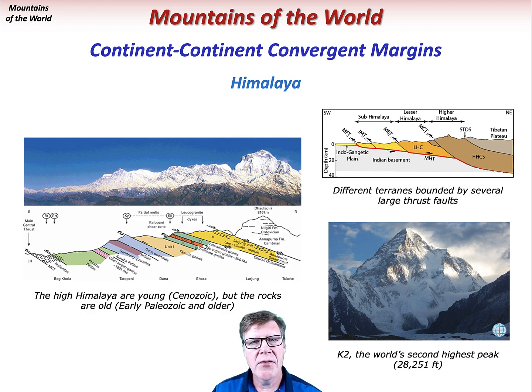At 28,251 feet, K2 is the world's second highest peak, located to the west of Mount Everest, and as of June 2018, only 367 people had completed the ascent to its summit, while there have been 91 deaths during attempted climbs.